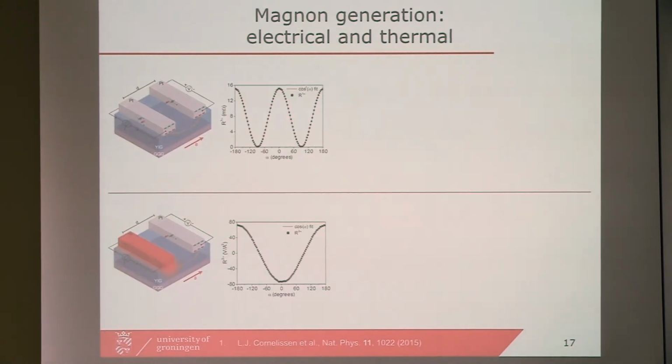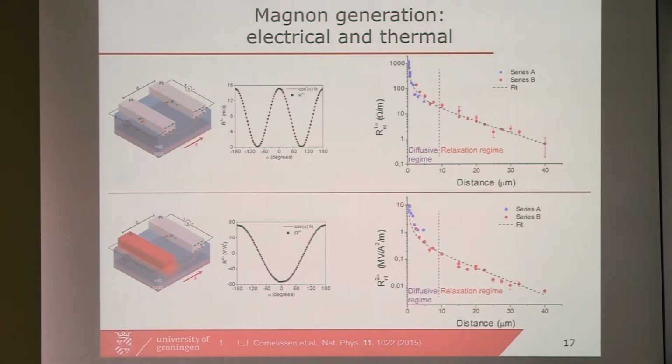And if we now compare these two injection methods, and we vary the distance between injector and detector, then we can basically have a probe to figure out how the magnons are transported and how they decay in the YIG. And so that's what we did. Basically made a lot of devices with a lot of different distances.